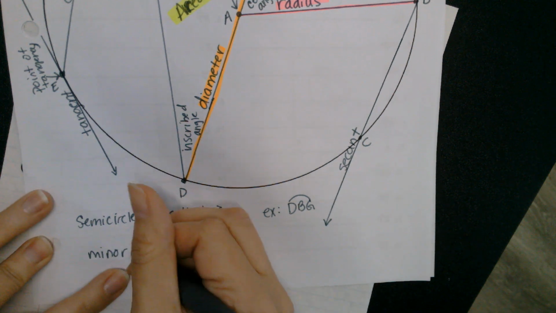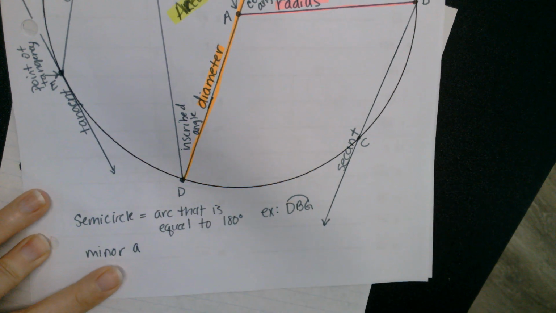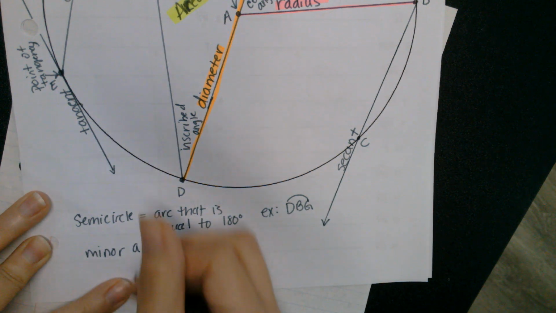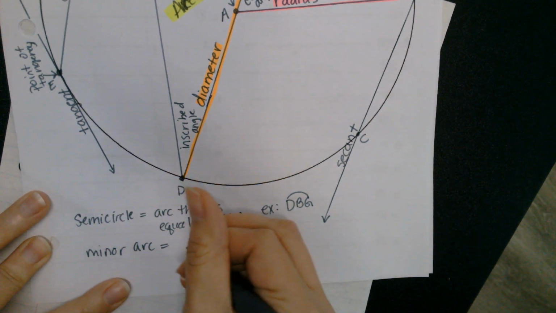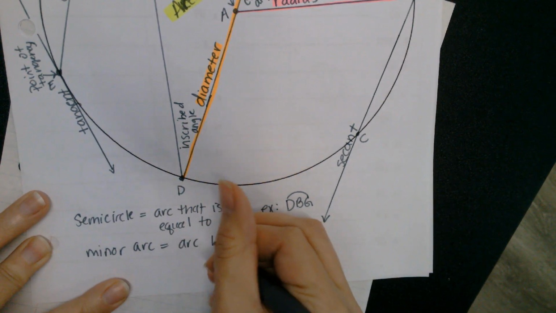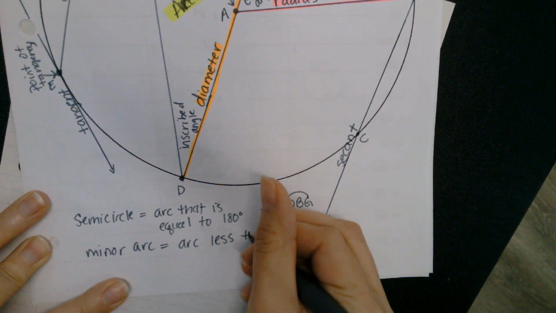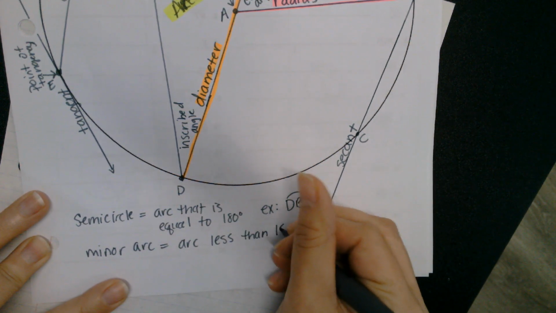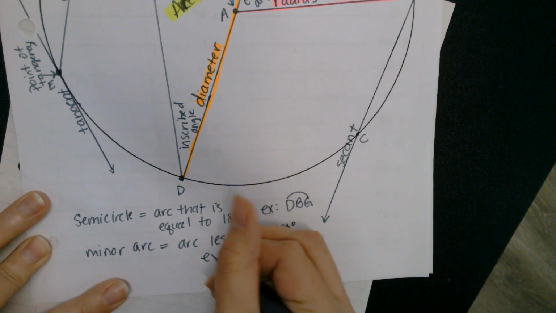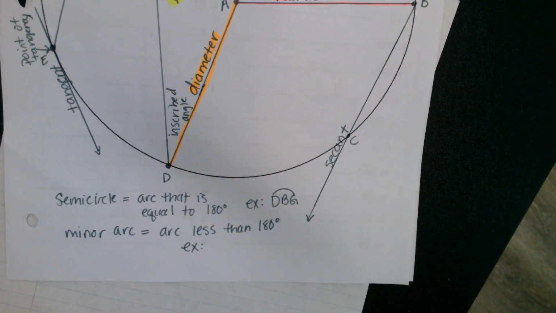Minor arcs, I think of it as being less than 180. So for minor arcs, they can be anything less than 180. You always name them with 2 endpoints.